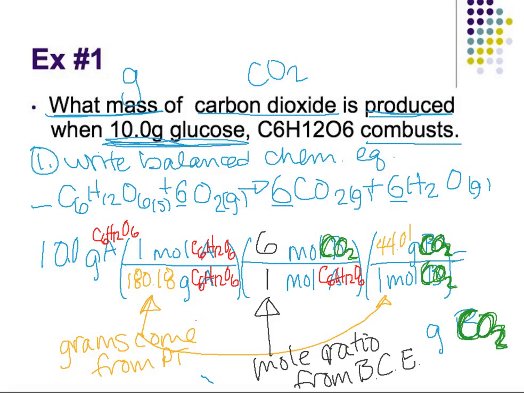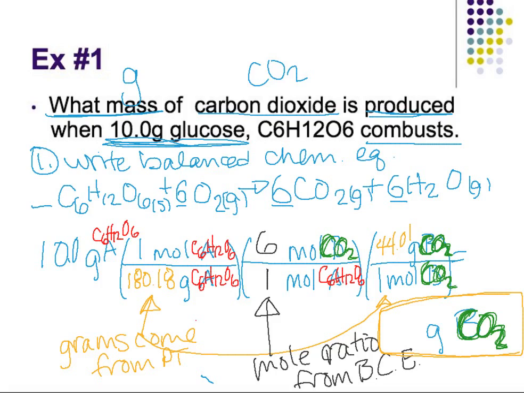So in my calculator, I'm going to do all this math to get my final answer, which is going to go right here in this beautiful box. So 10.0 divided by 180.18 times 6 times 44.01 equals 14 point blah blah blah.